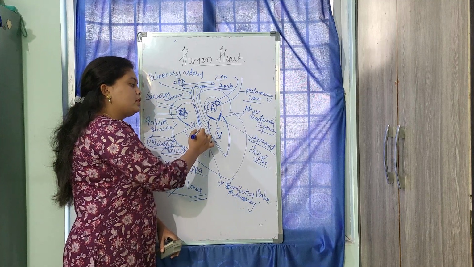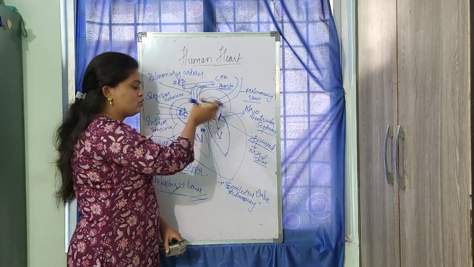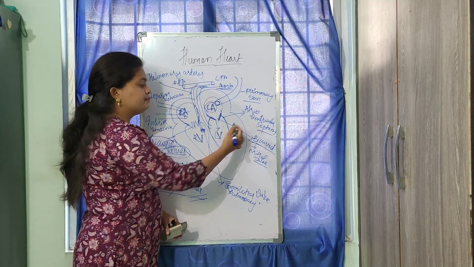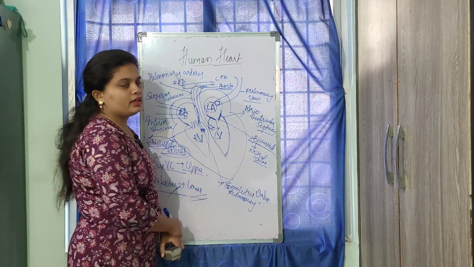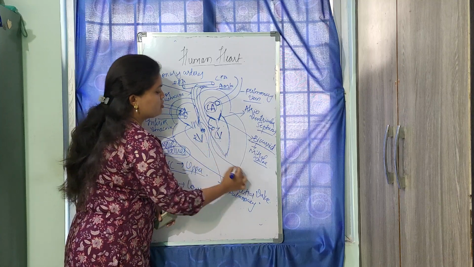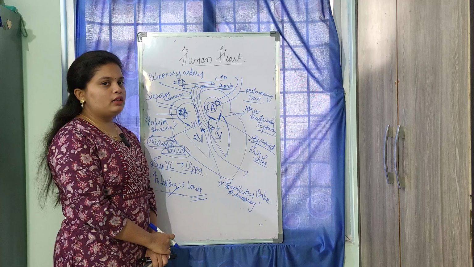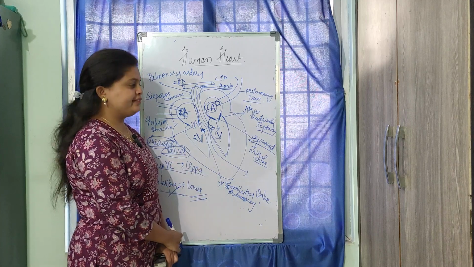It will stop the backflow of blood from the lungs to the heart. And there is a valve at the starting point of the aorta also. It will stop the backflow of blood from the aorta to the left ventricle.